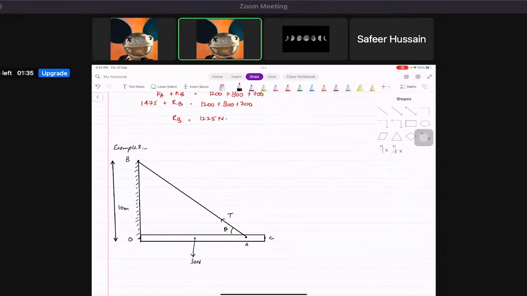And from this to C, this distance is 6 meters. I should have made, well, it's not entirely correct, I'm sorry.